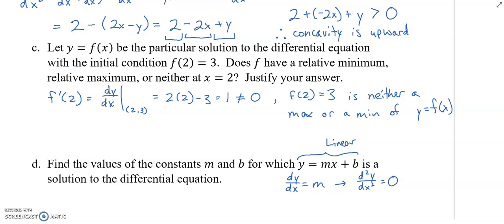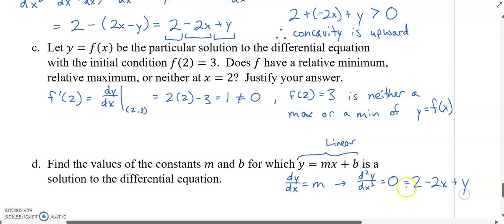But you might recall that we know what the second derivative is. The second derivative is 2 minus 2x plus y. So 0 is equal to 2 minus 2x plus y. So this equation right here is a linear equation. It is the solution that satisfies the differential equation.